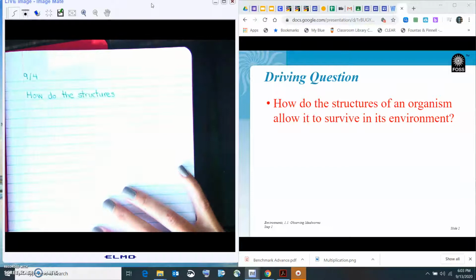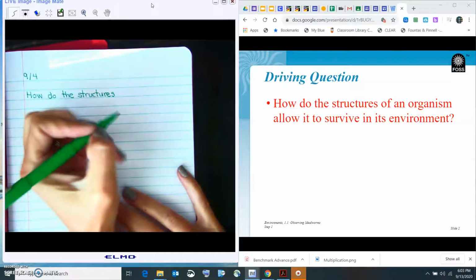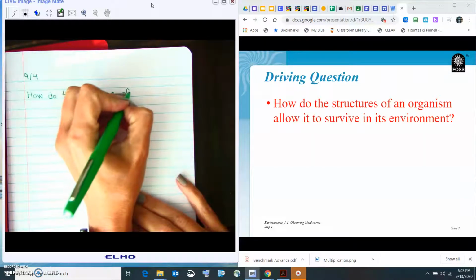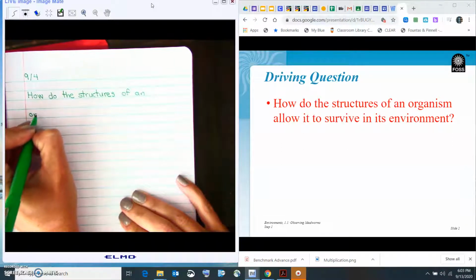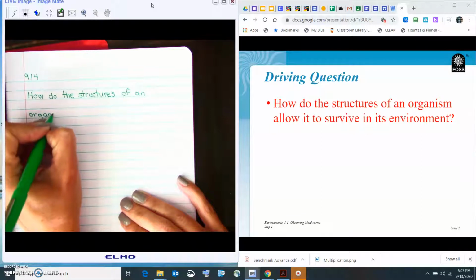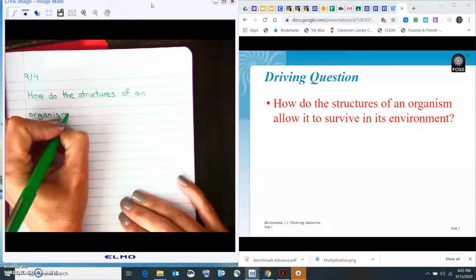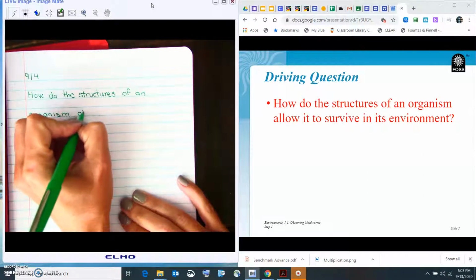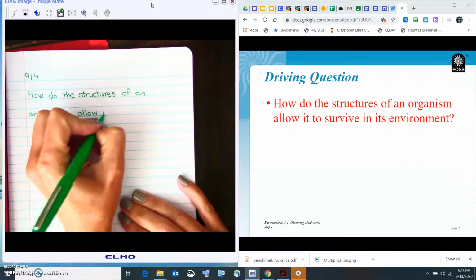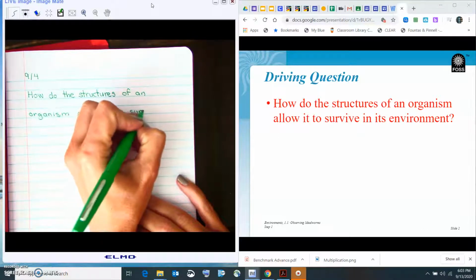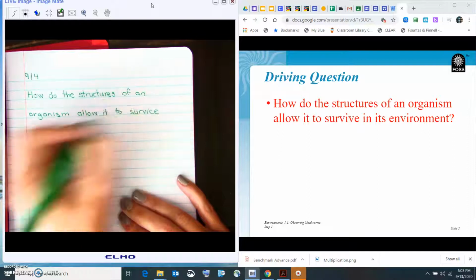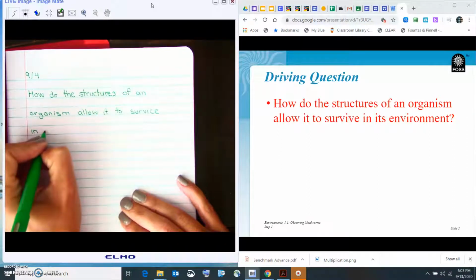How do the structures of an organism, and I'm going to skip a line because we're going to be underlining some of our words. How do the structures of an organism allow it to survive in its environment?